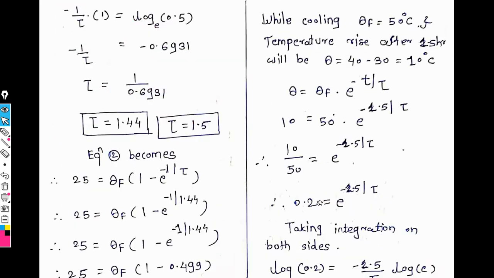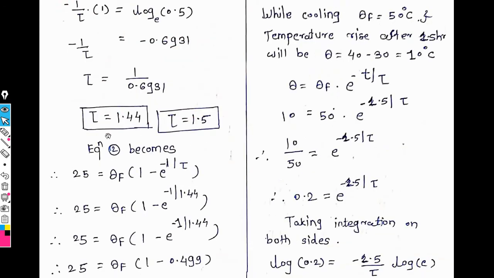Now taking the log, minus 1 upon tau is equal to log of 0.5, with log e equal to 1. Then minus 1 upon tau is equal to minus 0.6931, that is tau is equal to 1 upon 0.6931, so tau is equal to 1.44.